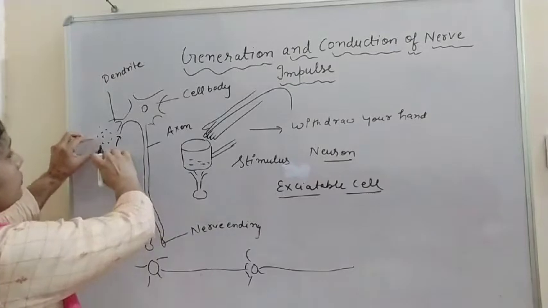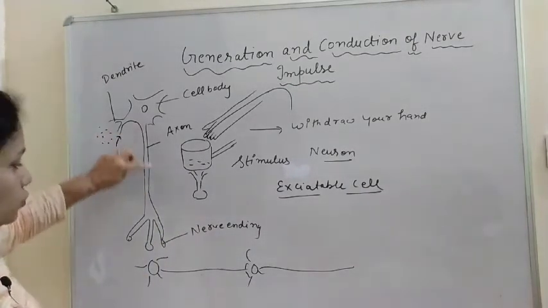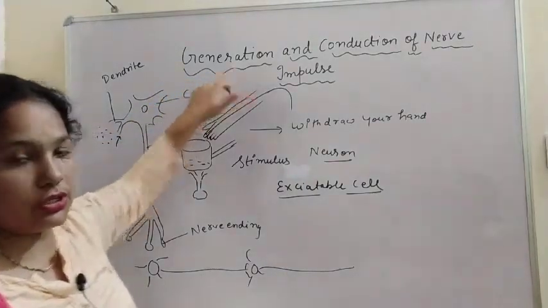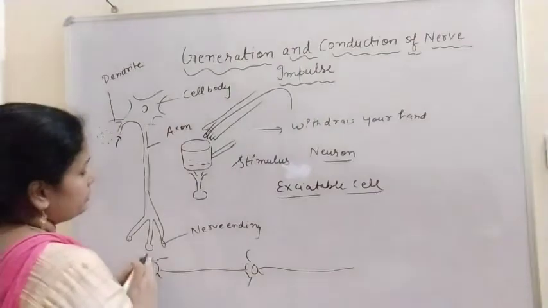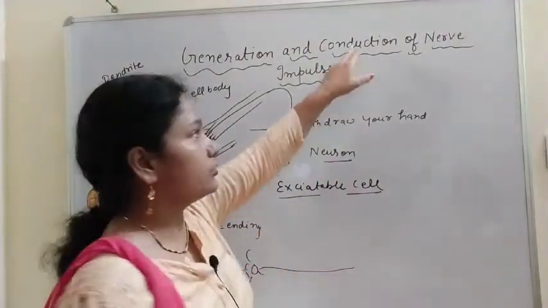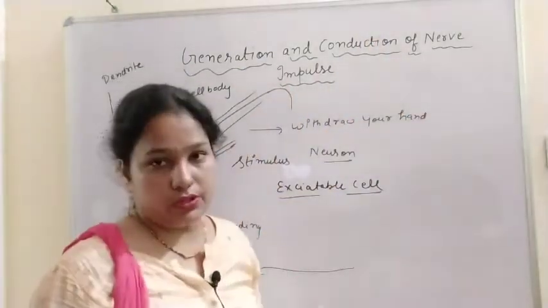So when this signal is transferred from the dendrite to the axon, that is the generation. And when it is conducted from one neuron to another neuron, then it is the conduction of the nerve impulse.